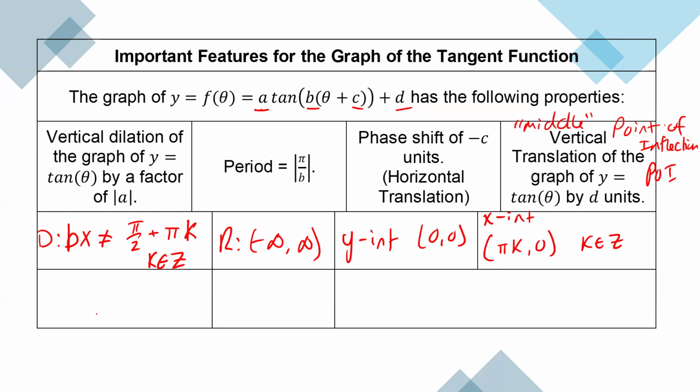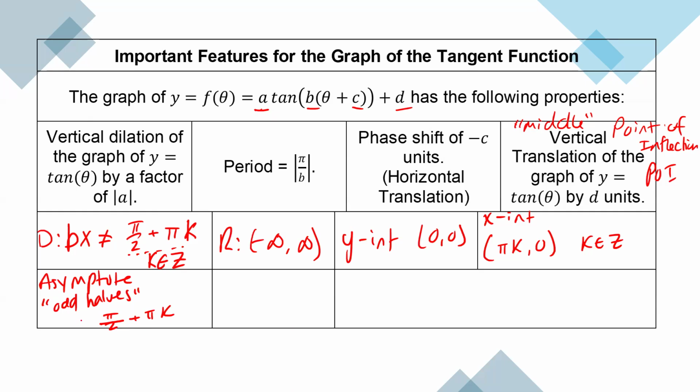All right, what am I on next? Asymptote. So we're on our asymptote. Your asymptote is just reiterating this piece of this, okay? So your asymptote takes place at all of your odd halves. The rule for it is pi over 2 plus pi k. And what again? K is going to be what? An integer, right?